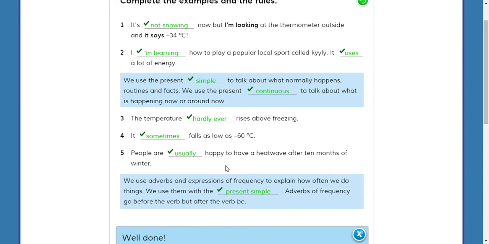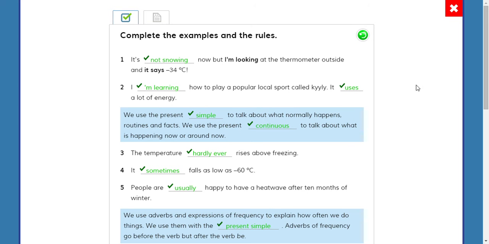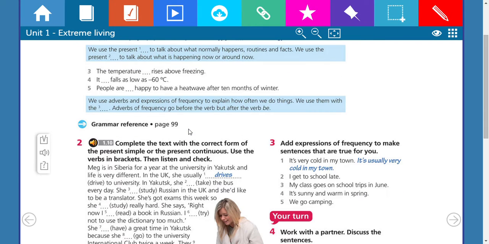So, you can take notes on your books, or maybe on your notebooks, and then we can continue. So you can pause the video and take notes while I continue with the activity. Okay? Thank you.